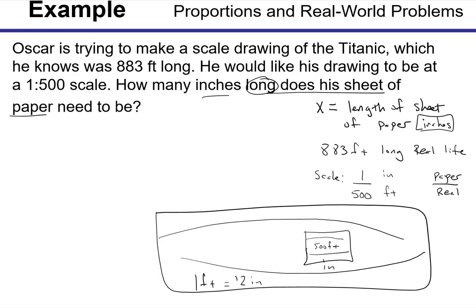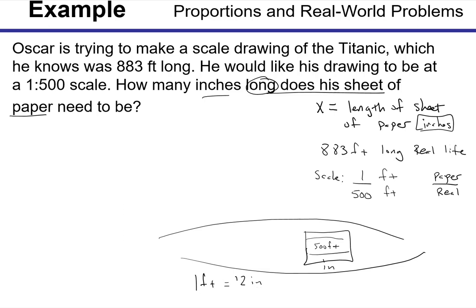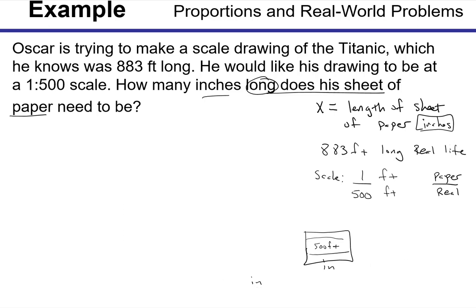So I wanted to reason that out, that even though the units aren't there, the most reasonable way of thinking about this is that it's 1 foot of paper length to draw 500 feet of real life ship. So now that we have that clear, I think we can start solving.